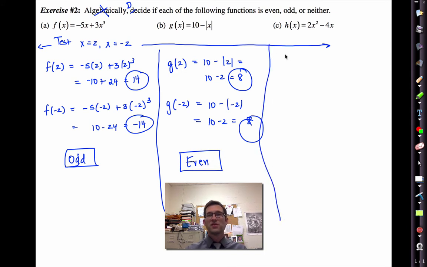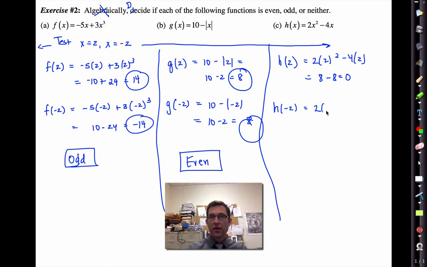All right, let's do this last one. It almost looks like an h. h of 2. 2 times 2 squared minus 4 times 2. 2 times 4 is 8 minus 8 is 0. Well, let's do negative 2. h of negative 2 is 2 times negative 2 squared minus 4 times negative 2.